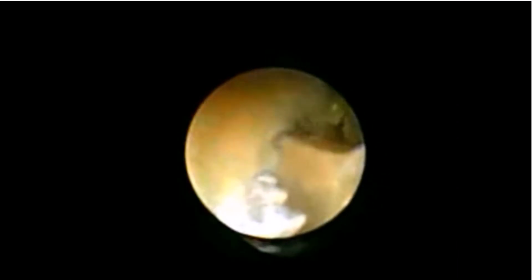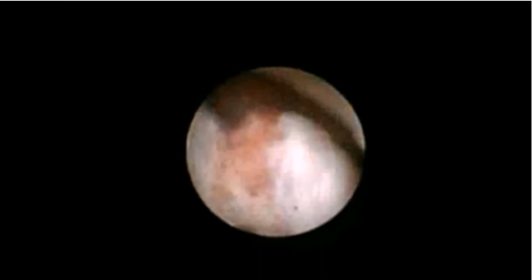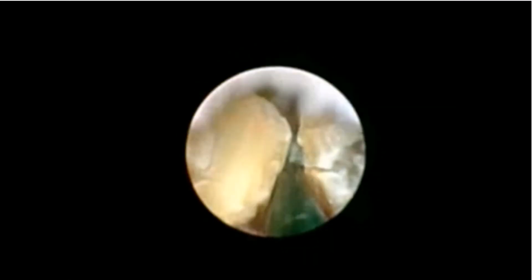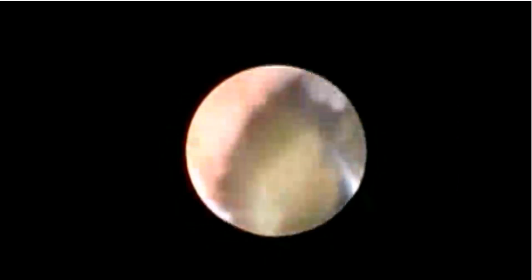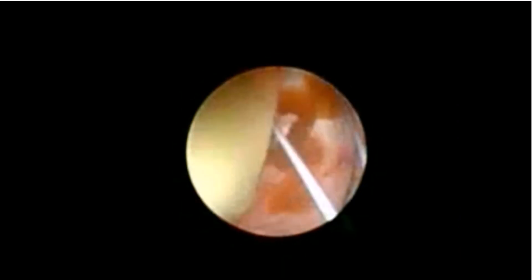The stone fragments were subsequently retrieved using a foreign body forceps and a stone basket. After stone removal, we proceeded to evaluate the potential pathology within the seminal vesicle.